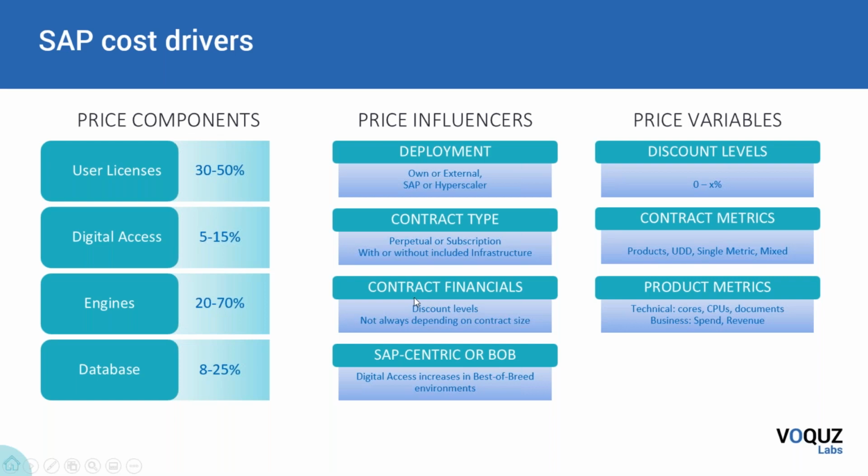So we talked about what we see in the marketplace through our projects, and I think this slide is really fundamental in helping organizations look at their license structures and their contracts and all the facets that really form part of your license engagement with SAP. And I'm not sure there are many companies that look at it from all of these different perspectives.